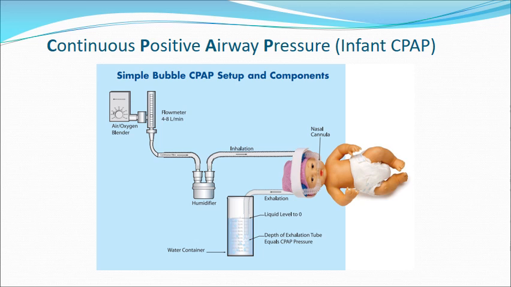It goes through a humidifier, which keeps the infant's lungs from drying out, through a nasal cannula into the infant's nostrils, and then the expiration tube goes into a simple container, it could be a plastic water bottle, which has been used in some low resource countries, and the depth to which you put the tube in controls very finely the amount of pressure that is applied on the infant's lungs, which is quite small.